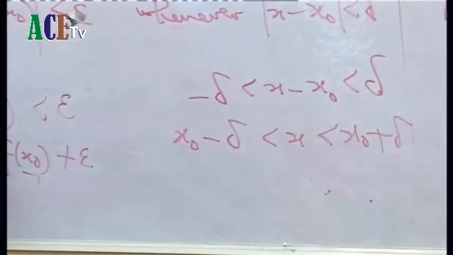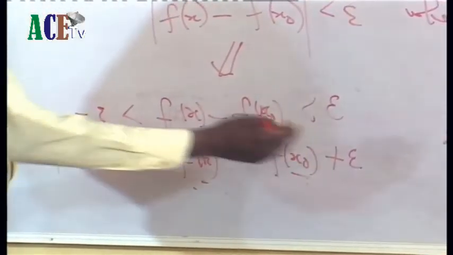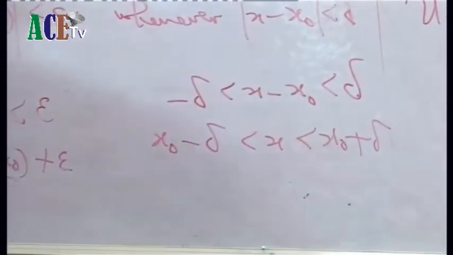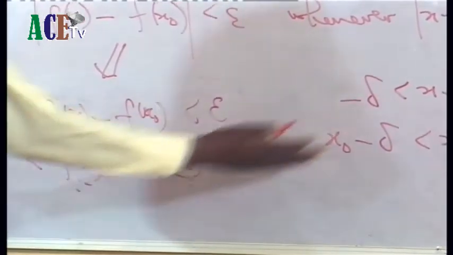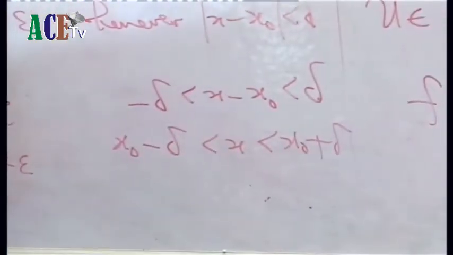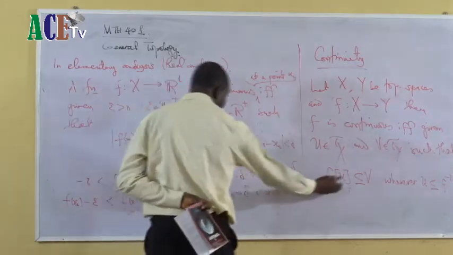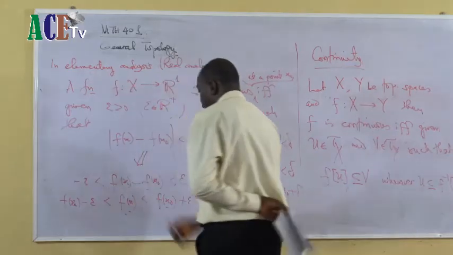Now, this can be located on the real line, on a curve, and this also can be located on a real line. So we can simply depict this as the open neighborhood of f. The open neighborhood of f is the same thing as saying that f here lies in this open set.